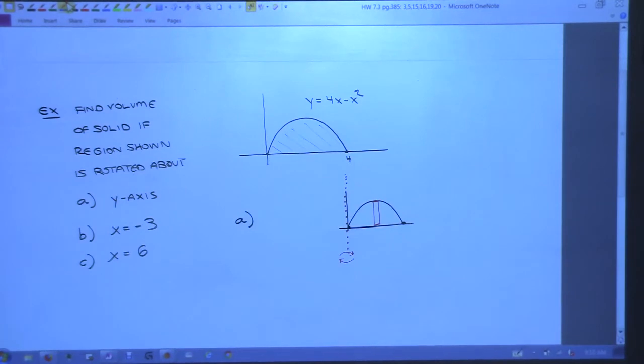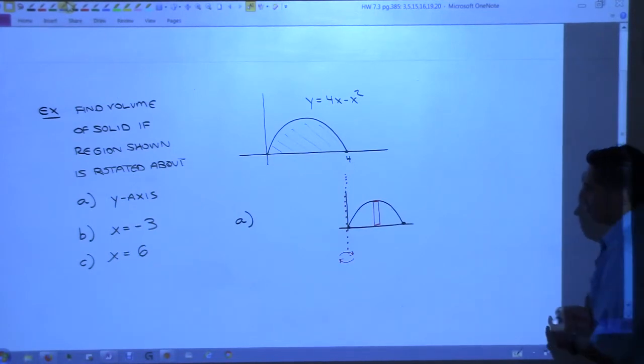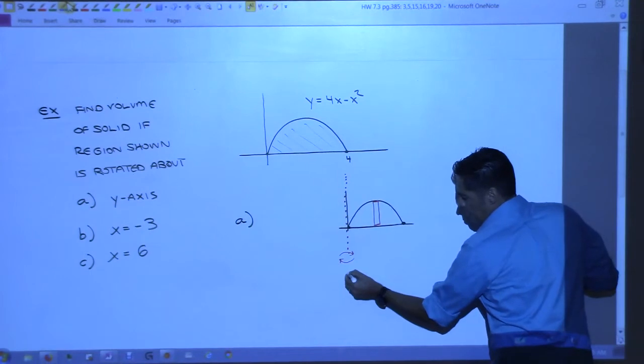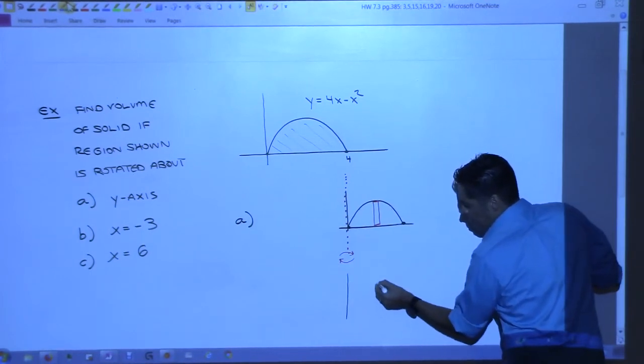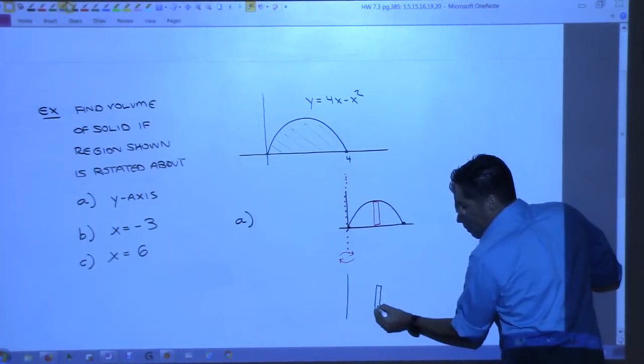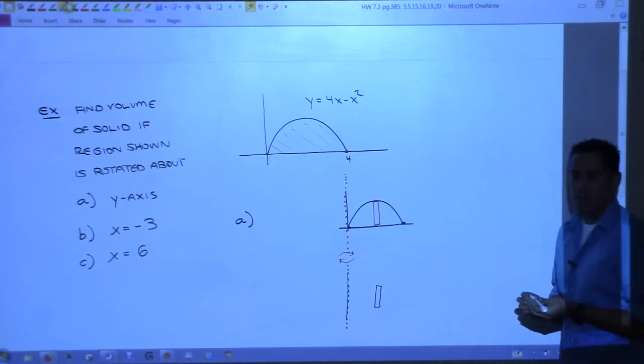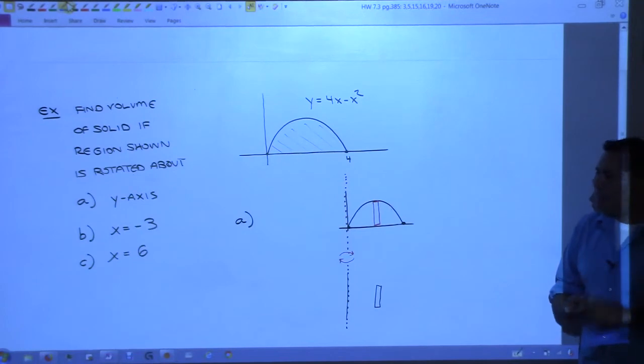Y'all agree? Okay, so now, from last class, what we tried to understand from this, and I know it was kind of towards the end of class, what I did was I drew the y-axis, I drew the rectangle over here, I drew my axis of rotation, which happens to be the y-axis again. So I'm drawing 3 things there. The y-axis, the axis of rotation, and the rectangle.